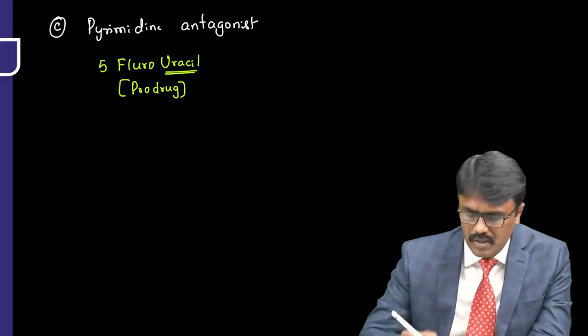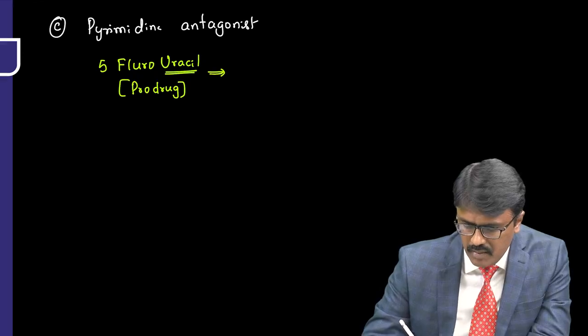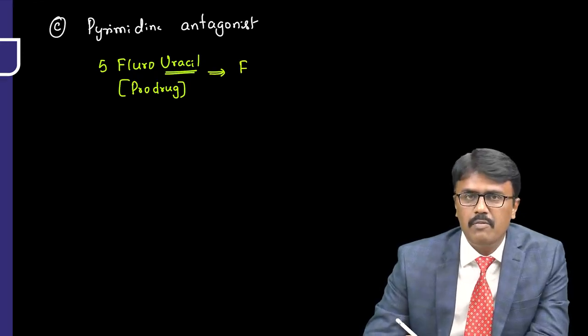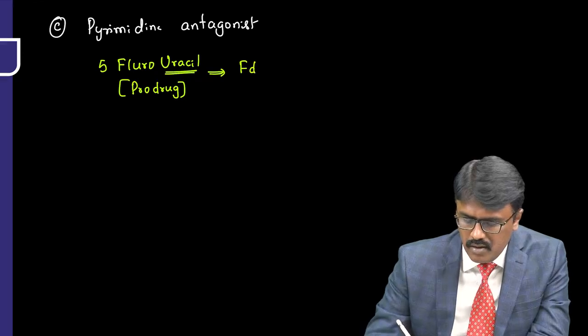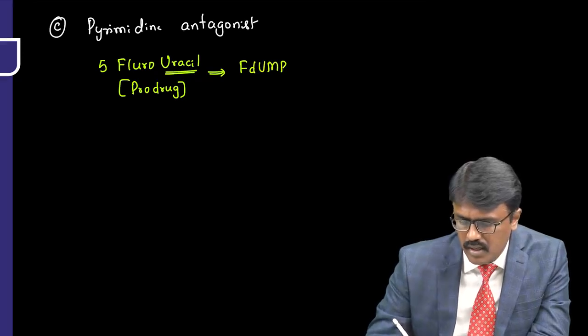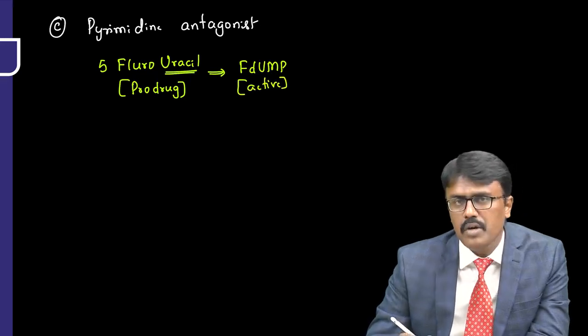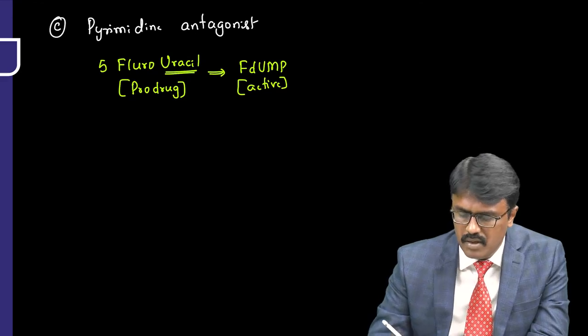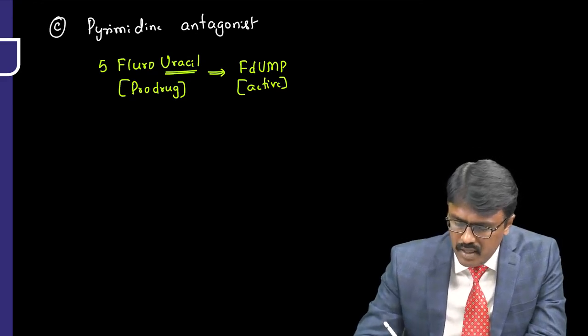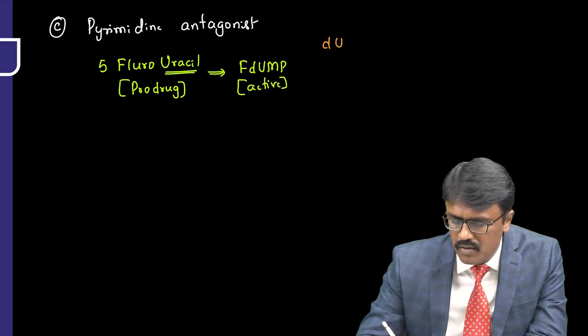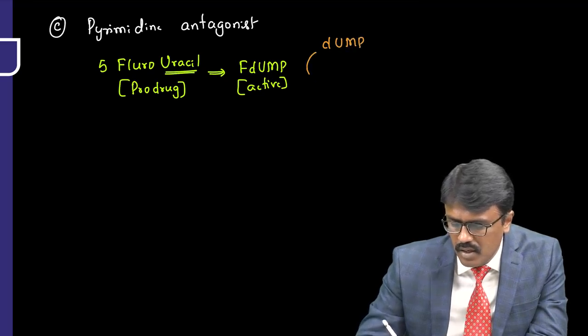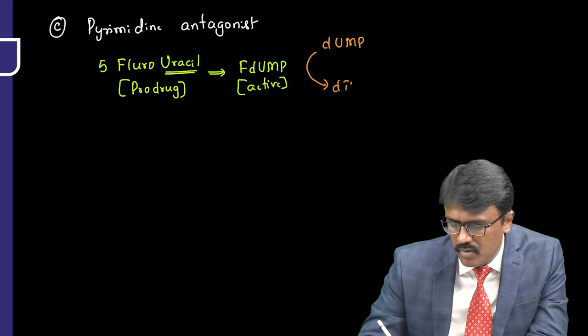When this enters, it becomes active. That is called fluorodeoxyuridine monophosphate. So this is the active form. Now what will happen? It will not allow the conversion of deoxyuridine monophosphate into deoxythymidine monophosphate.